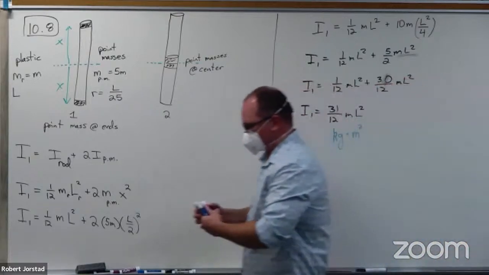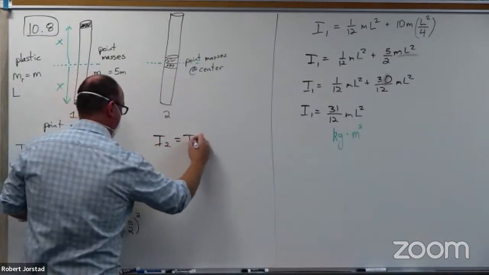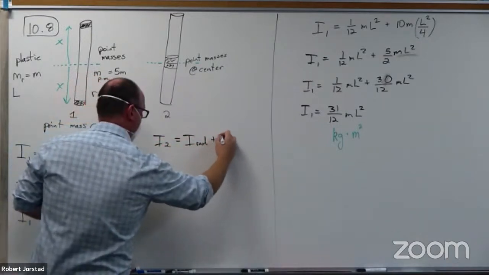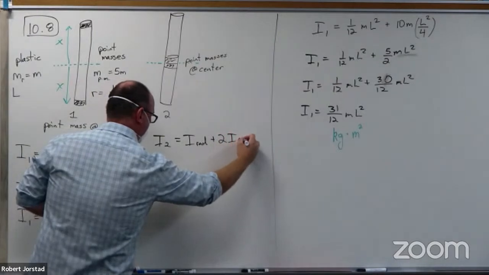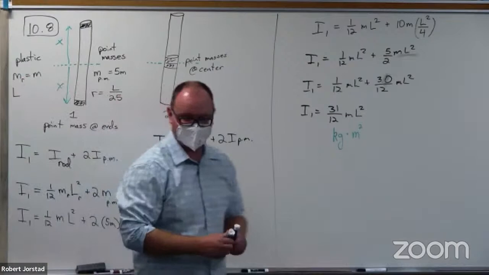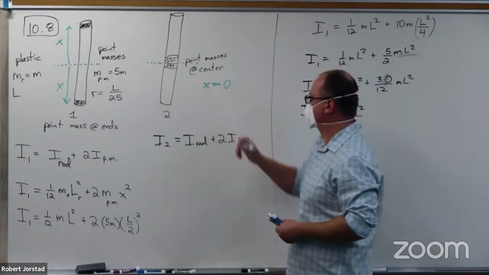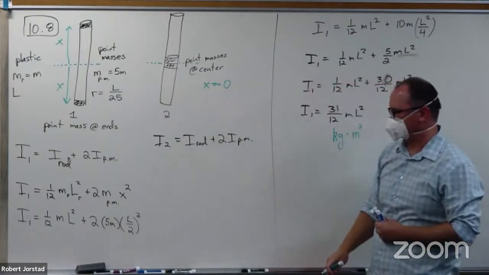Let's try this one. It's a little bit easier. It's still the same mass. We still have 2 pieces. We still have the rod, and we have 2 point masses. In this case, what is x approximately? What happens to I of the point masses?